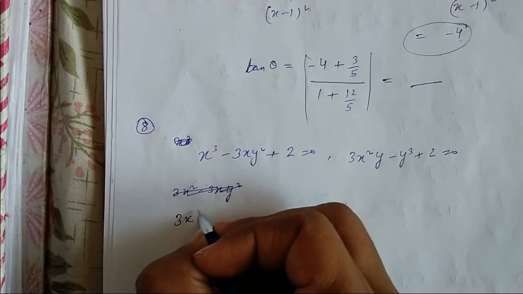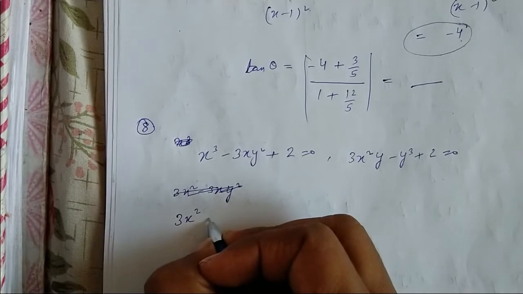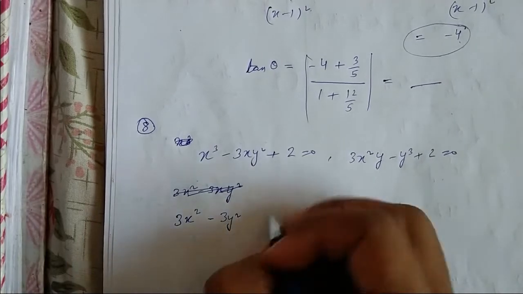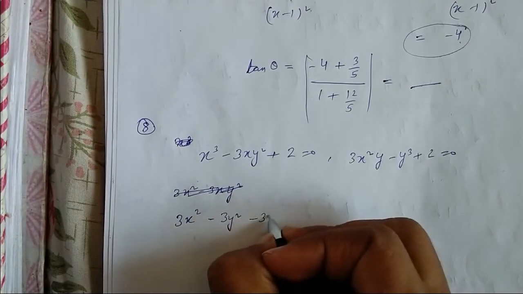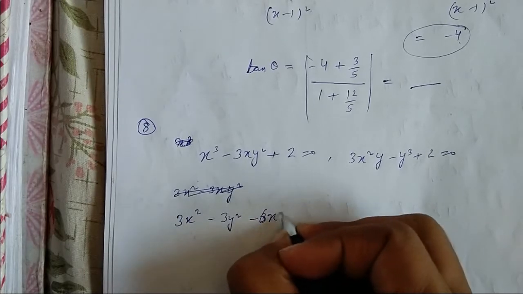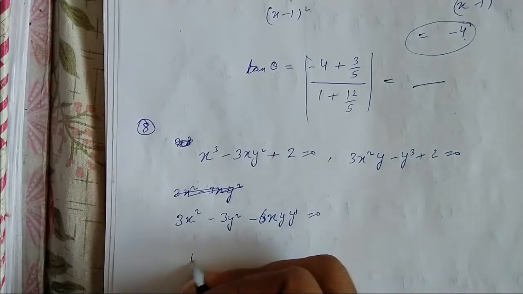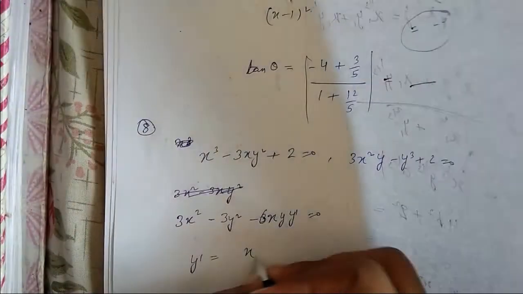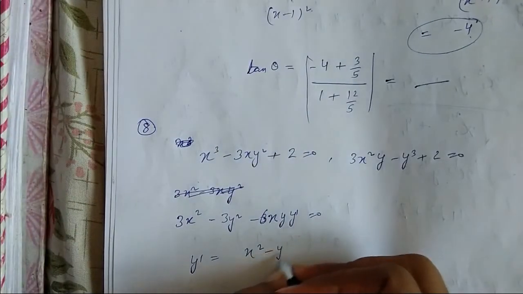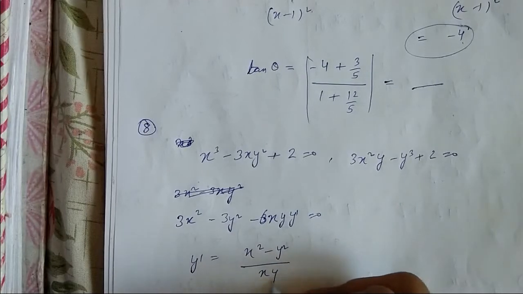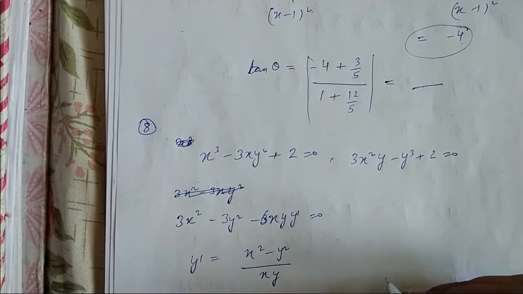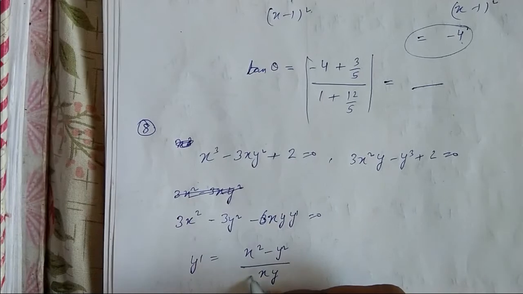So 3x square minus 3y square minus 6xy dash is equal to 0. So we get y dash from here, x square minus y square upon 2xy. There is a factor of 2 as well.